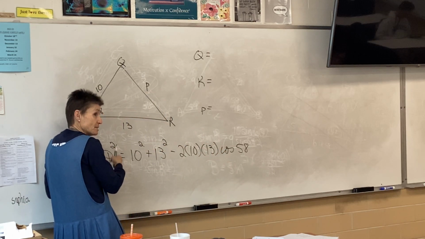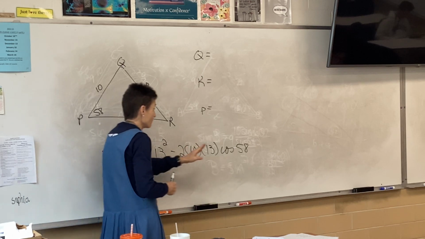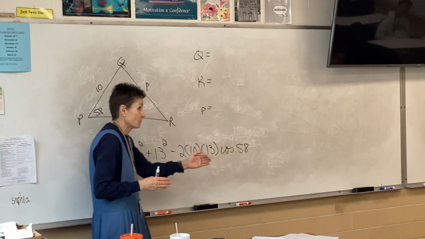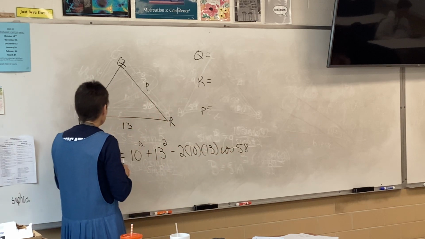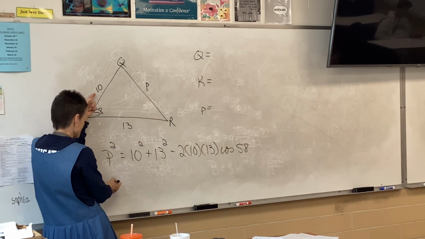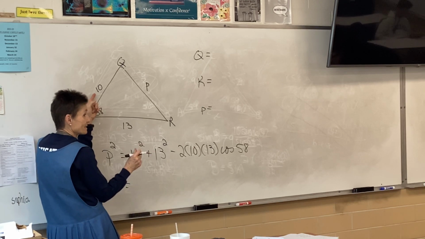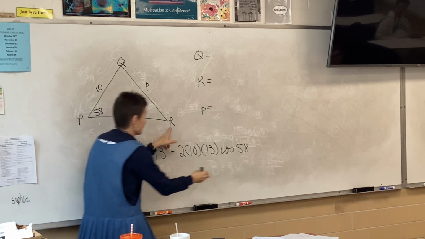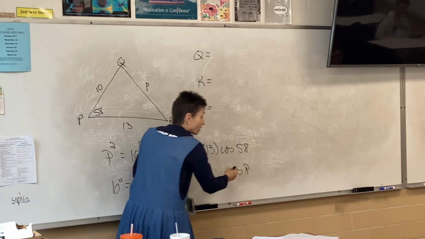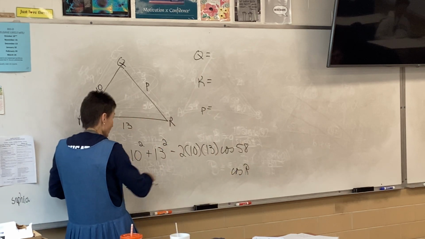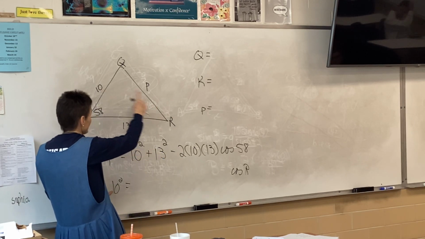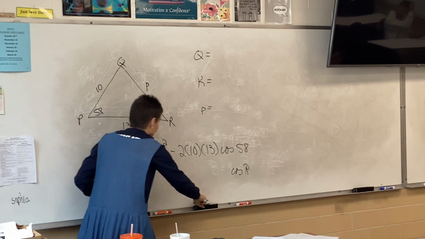I have side squared here, and I have cosine angle out here. That will always be the case. So if you were putting 10 squared here, which we're not, so don't write this down, just look up here. If you were putting 10 squared out here, then at the end would have to be cosine R, because the angle and the side bookend the problem. So that's side R, so I would have to have angle R out there.